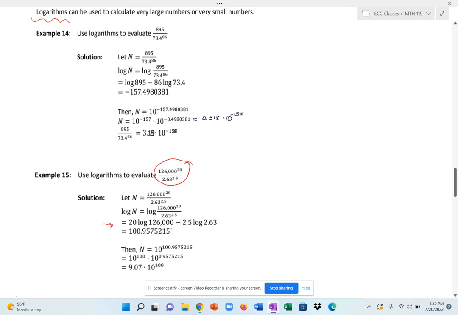So that means that this is the exponent with a base of 10. So it's 10 to the 100.9575215. And then I used a similar trick to what I did above. I rewrote this as a product of two exponential expressions because you add your exponents when you write them as a product. 10 to the 100th can be left as is, but when you put this into a calculator, you get 9.07.